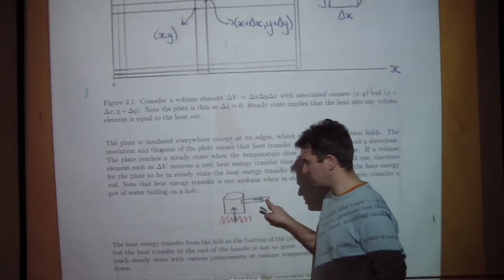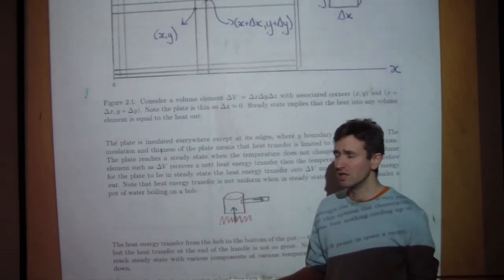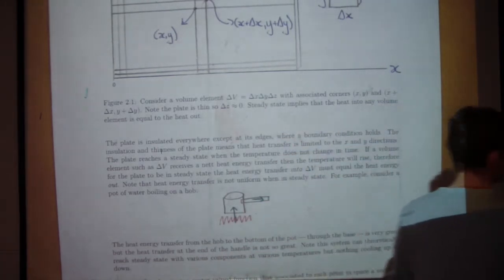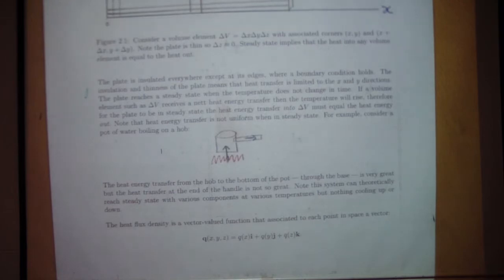And this can be at whatever, 40 degrees, the water might be 70 degrees, the very bottom might be 100. The important thing is that the temperature isn't changing. That's what steady state is. If you put the pot on the hob initially, well, the pot is probably initially at room temperature, 20 degrees. Putting it on the hob, the bottom is going to increase. That's more a transient state problem. Okay.